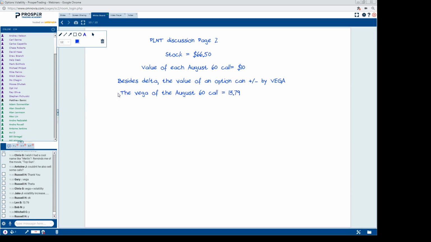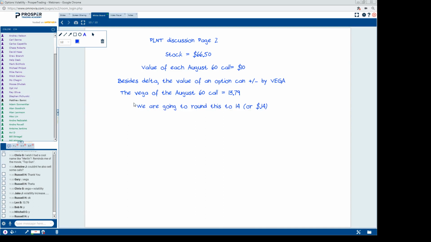So Vega of the August 60, whether call or put, is going to be 1379, and that is measured in cents. So we are going to round this to 14, or 14 cents.